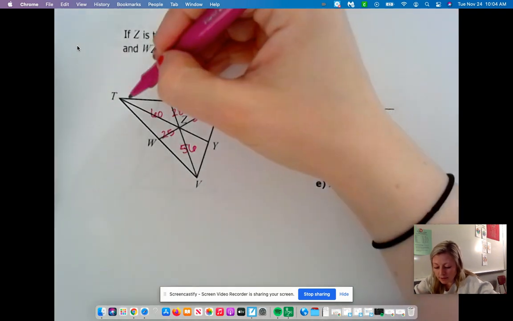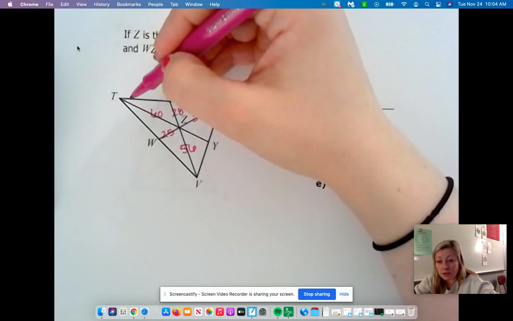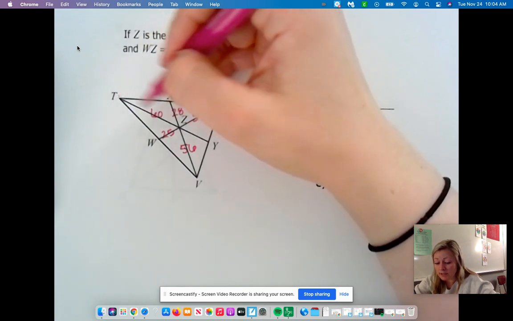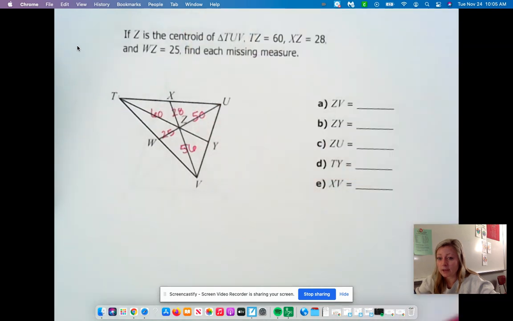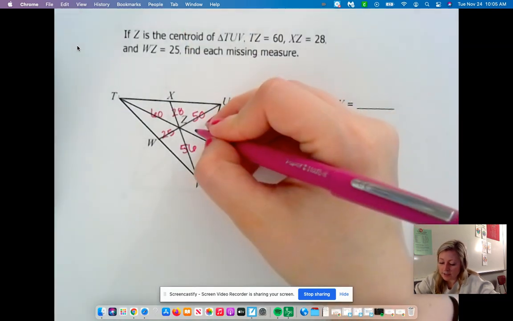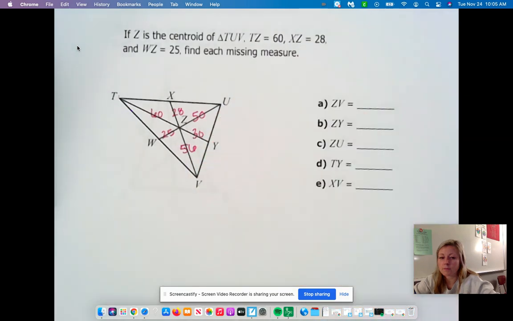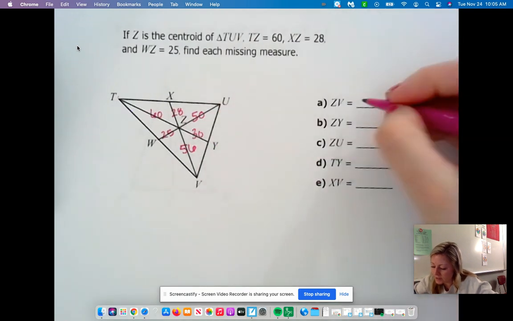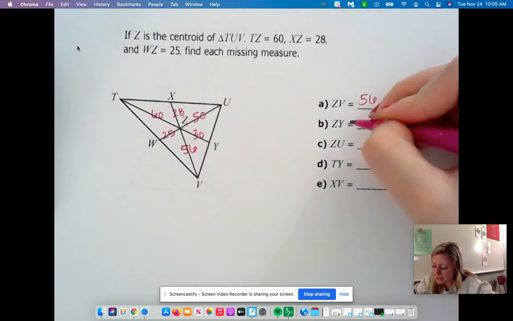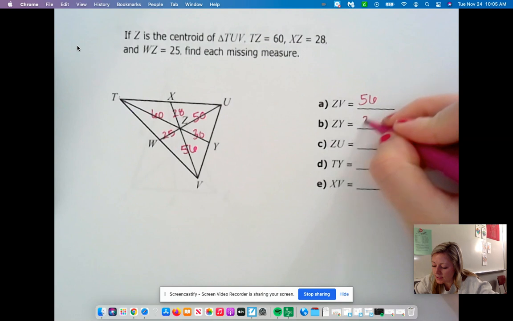Now our last one here, this time they give us the 2/3 part, right? So TZ is 60. How do I find my third? We cut her in half. So half of 60 is 30. Now let's see how we did. So ZV, 56. ZY, we said is 30.